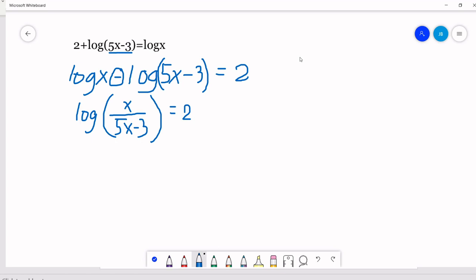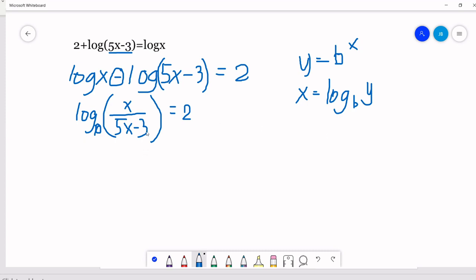Remember once again that y is equal to b raised to x. The equivalent for that one is x is equal to log base b of y. So our base here once again is 10. Let's put 10 so we don't get confused.